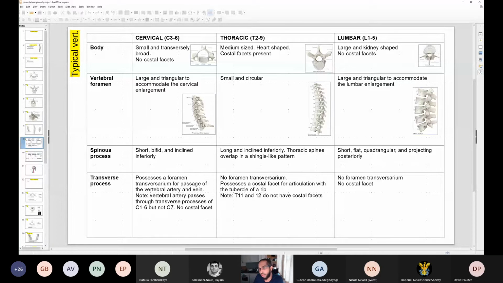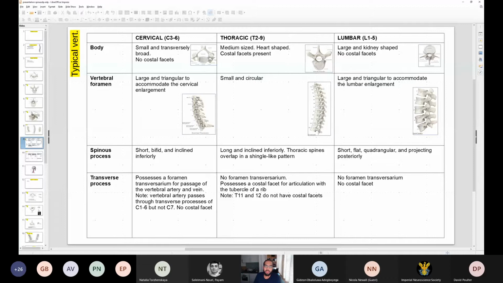The lumbar are from L1 to L5. Everything out of this range is an atypical vertebra. In terms of the body, we said the body in the cervical region is small compared to the thoracic and lumbar, and the shape is also different. It's transversely broad, or you can say rectangular. Here it's heart-shaped, and here it's kidney-shaped.